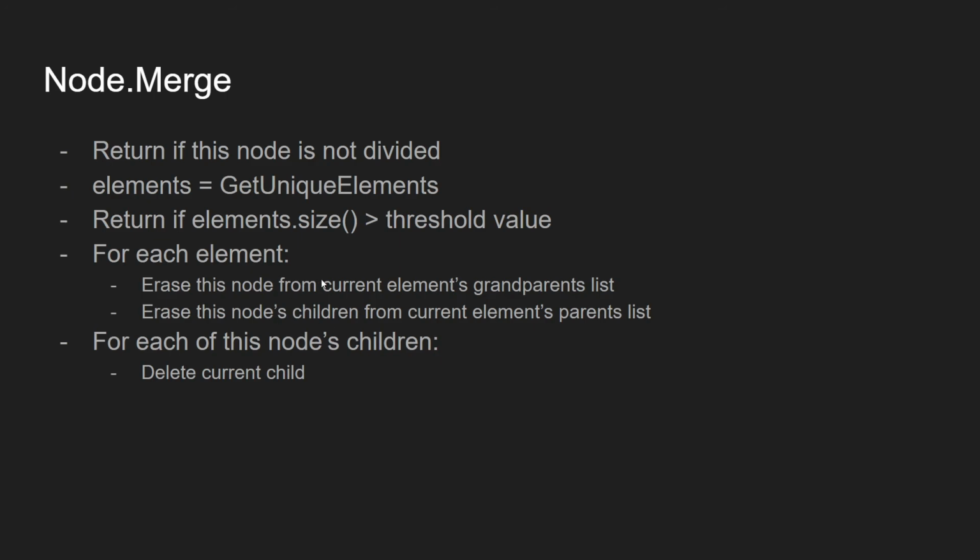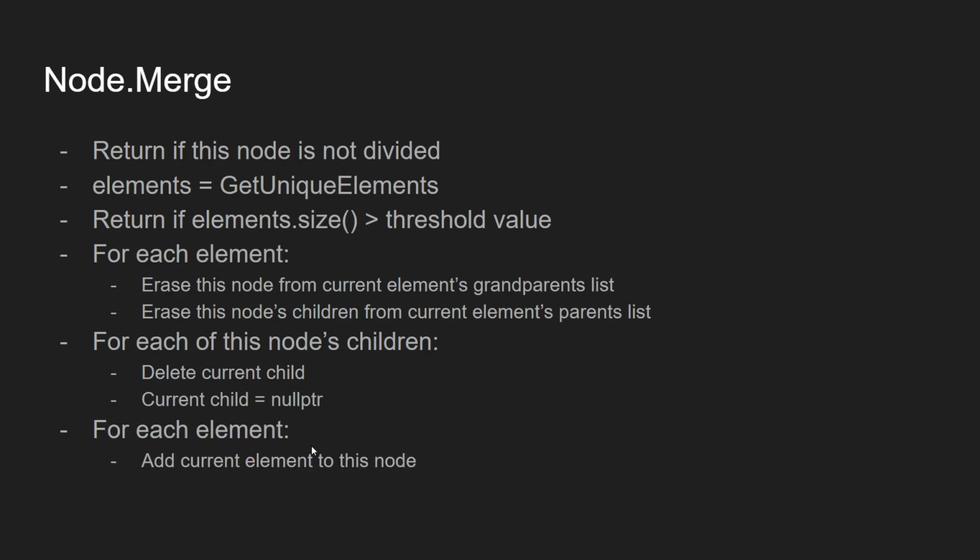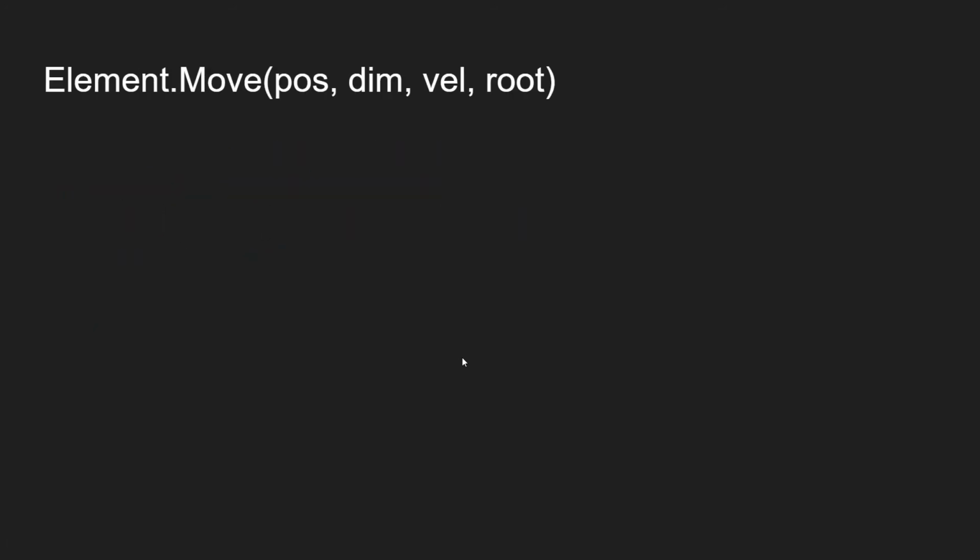So that's just sort of like removing them from our children, essentially. And then for each of our children, we will delete the current child, and actually set it to null pointer, just in case. And then for each element that we now have in this set, we will just add them to the current node. So that's all of the node stuff.